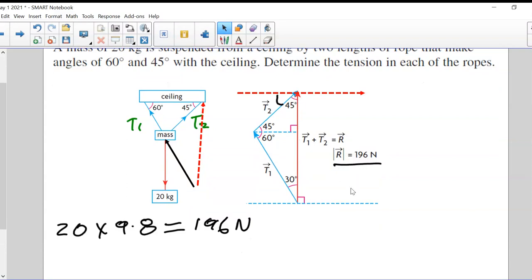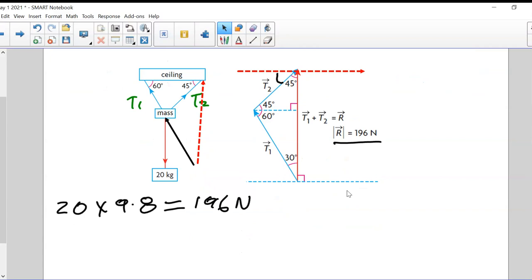Can anybody tell me what would be a convenient way for me to find my T1? What am I going to use to find my T1? Remember, I have all the angles. All the angles are right there in the triangle, and the triangle I'm talking about, if I could label it, I'll call it ABC. So A, B, C. I'm trying to find the side going from A to B. That's my T1.